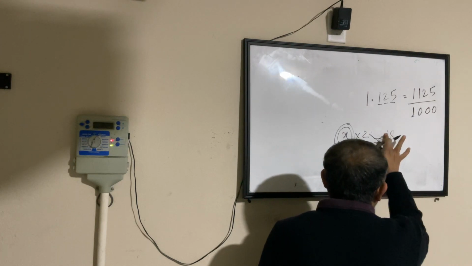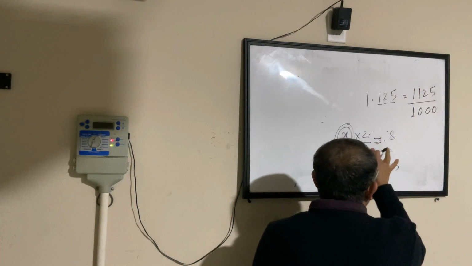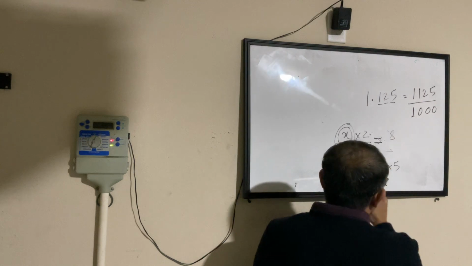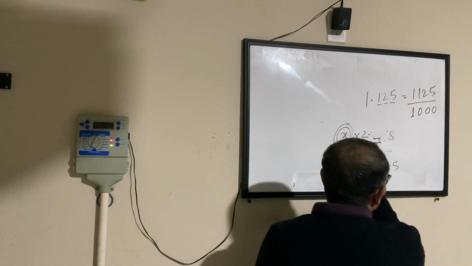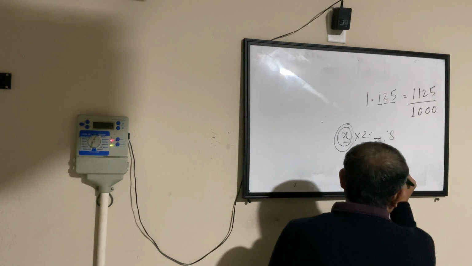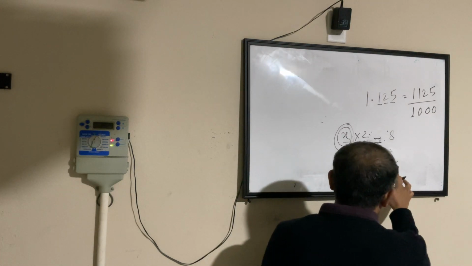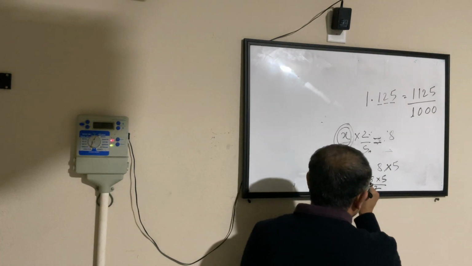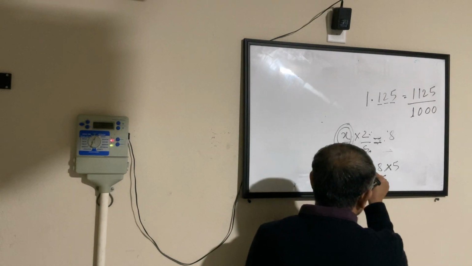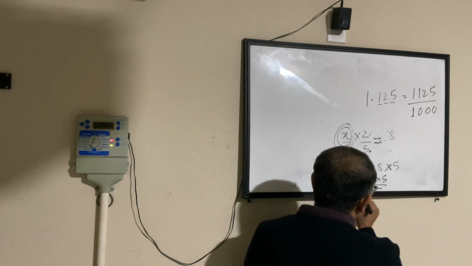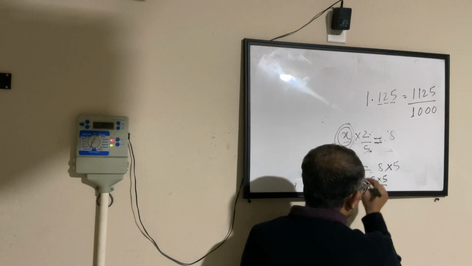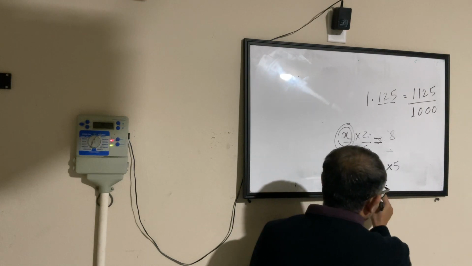So here, this 5 which is the denominator becomes a numerator. So it becomes into 5. Now I have x into 2 equal to 8 into 5. I have to find the value of x, so I have to move 2 also. In the next step I moved 2. It was above, x into 2, so it became the denominator.